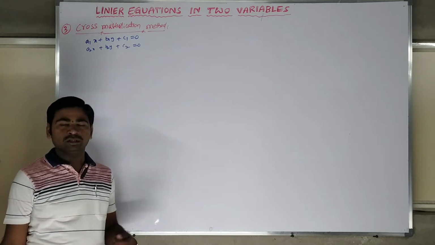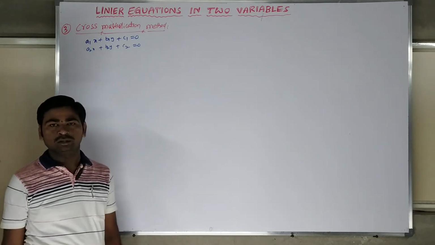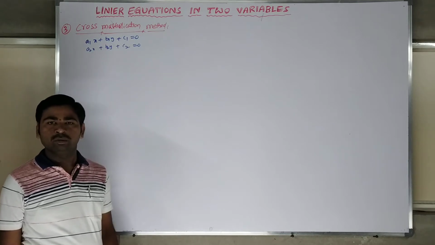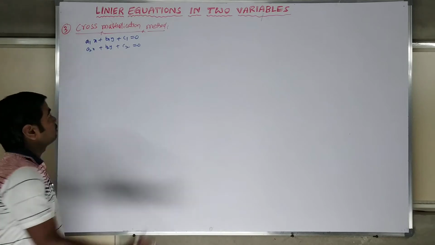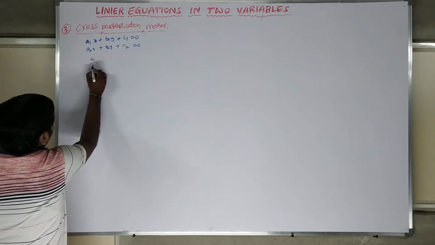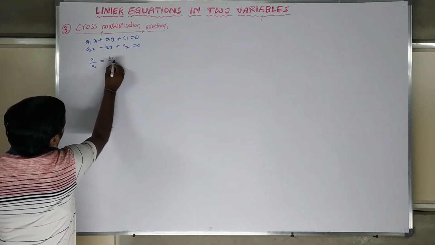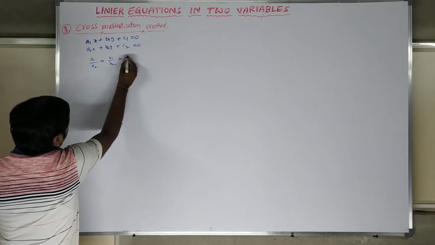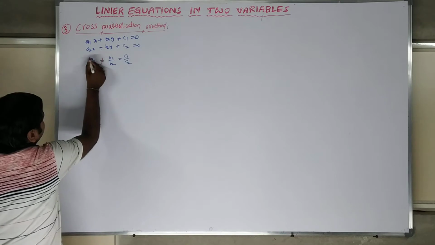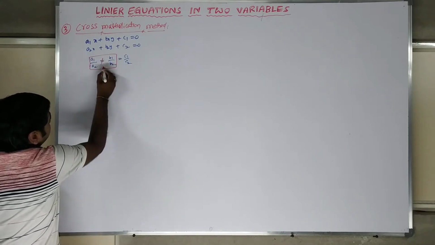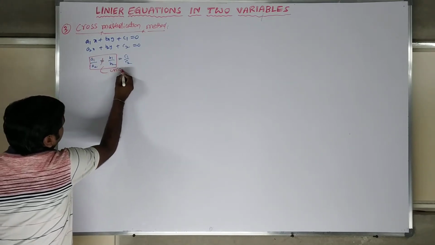After that, please check your conditions. I think I have told you the conditions: a1 by a2, b1 by b2 and c1 by c2. These are the comparative ratios, please find them out. If a1 by a2 is not equal to b1 by b2, we know it has a unique solution.